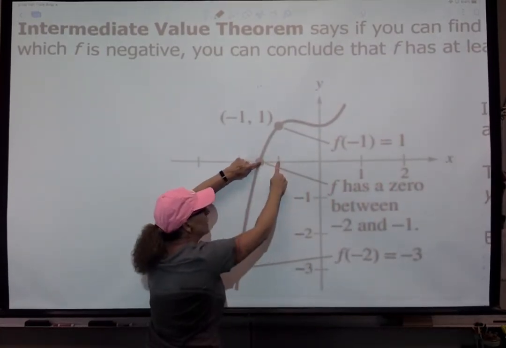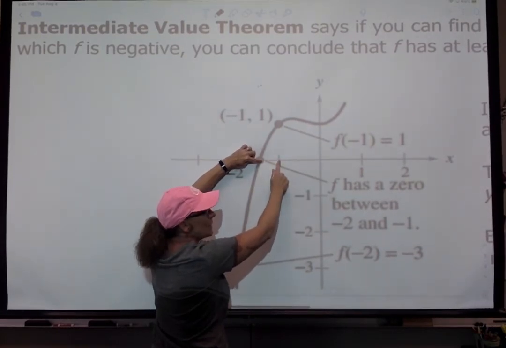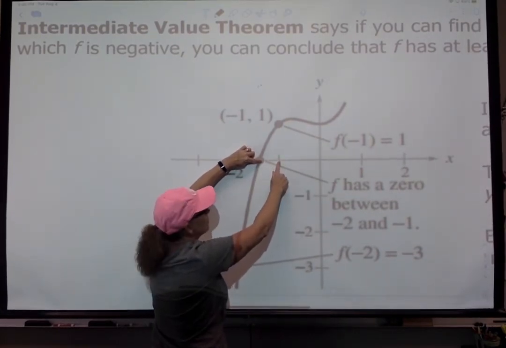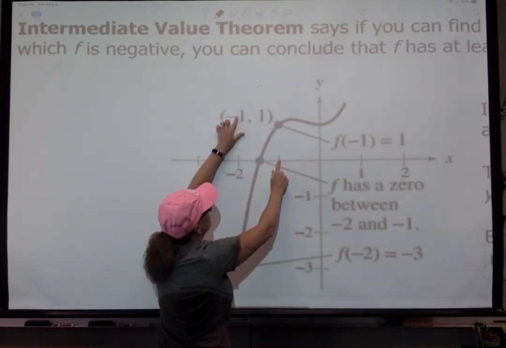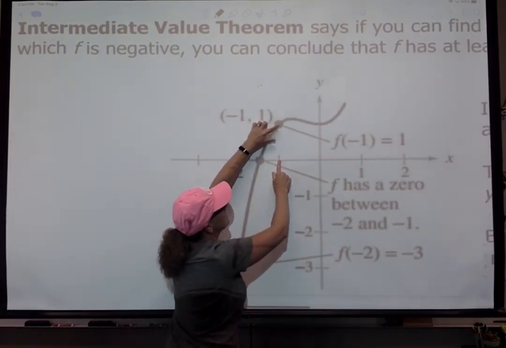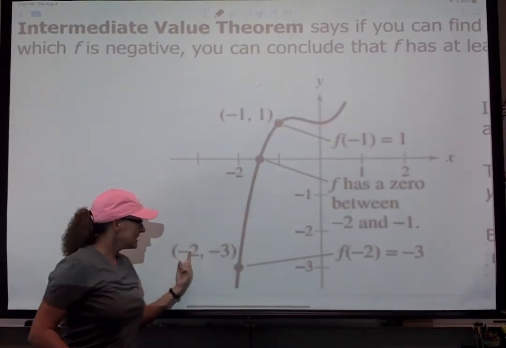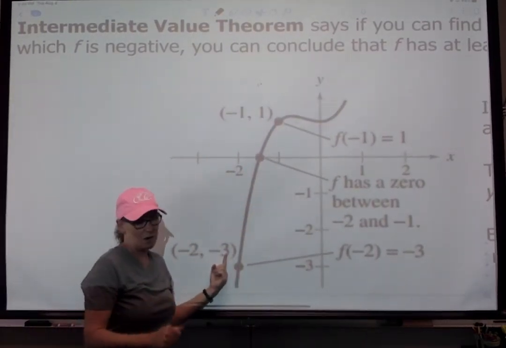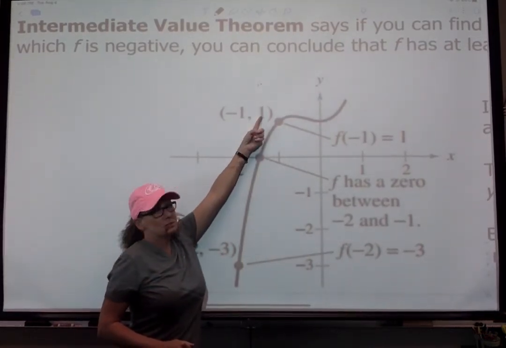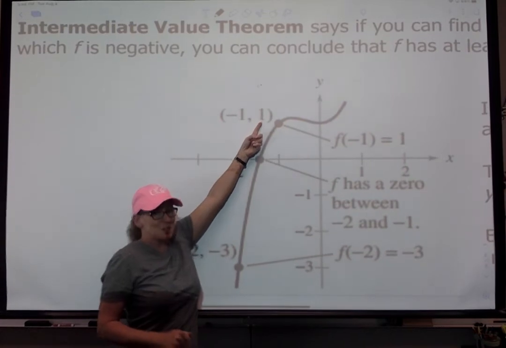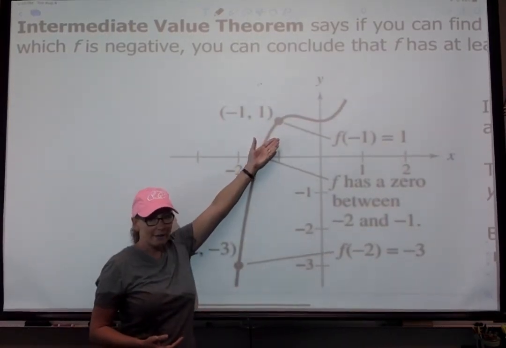What happened over here? If I pick an x just to the right of my root, look what it produces in my function. It produces a positive y. So if this x value produces a negative y, and this x value produces a positive y, do you know what y had to be somewhere along the way?